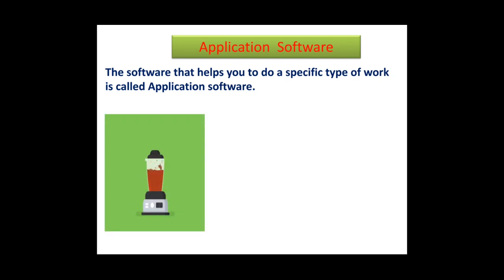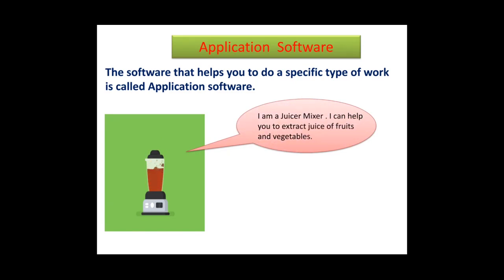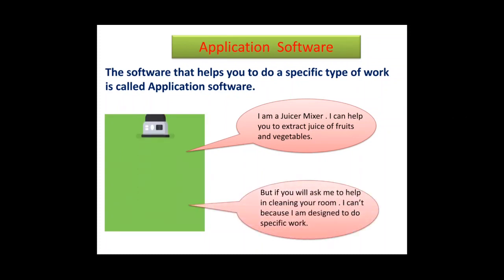Just to clear it, let's take one example. What is this? This is a juicer. I am a juicer mixer. I can help you to extract juice of fruits and vegetables, right? But if you ask me to help in cleaning your room, I can't, because I am designed to do specific work.